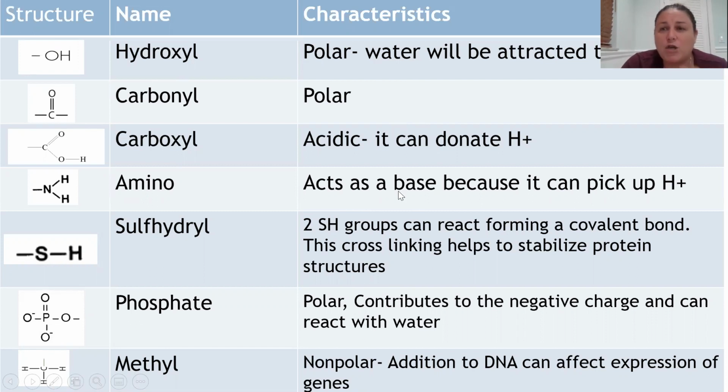Because a lot of it, from our last unit, whenever oxygen is involved, it's usually going to be polar because the oxygen is so highly electronegative. When nitrogen's involved, it's also going to be polar because it's highly electronegative. And whenever you see carbon and hydrogen together, those are going to be nonpolar because carbon and hydrogen are besties and they share their electrons fairly. So really what I want you to focus on is knowing the structure and knowing the names.